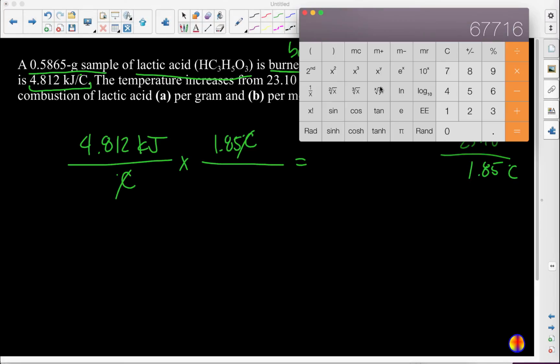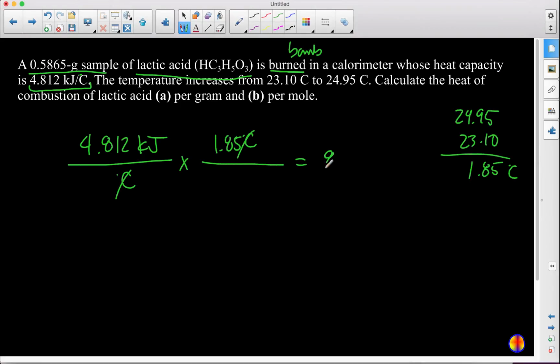So if we do 4.812 times 1.85, it's going to give us 8.9 kilojoules, yes? So that's the total amount of heat absorbed by the calorimeter. Which means that heat, ding, ding, ding, was released by the combustion process, right?